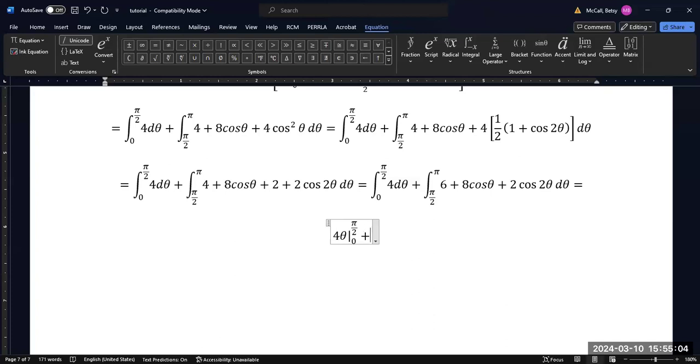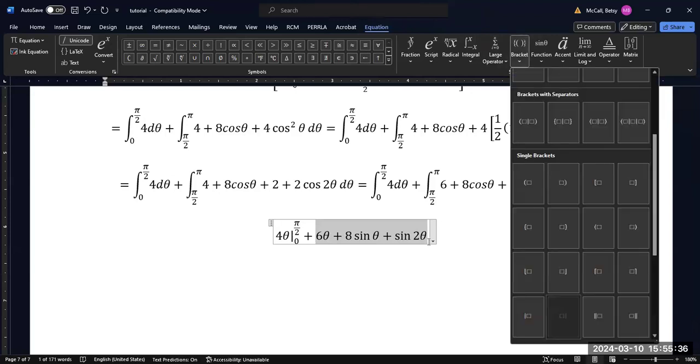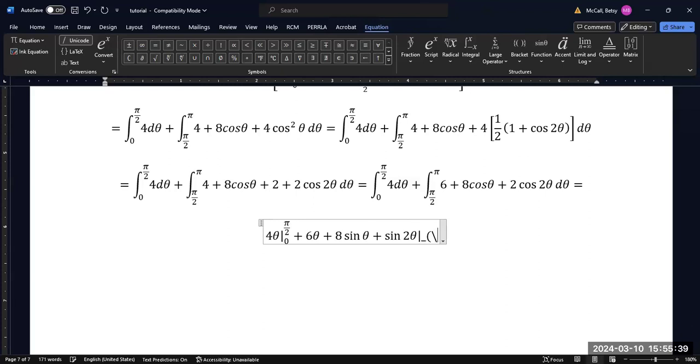And then 6 theta plus 8 sine theta. And then our 2 gets canceled out when we integrate, and so that becomes just sine of 2 theta. And then all of this gets evaluated between pi over 2 and pi.